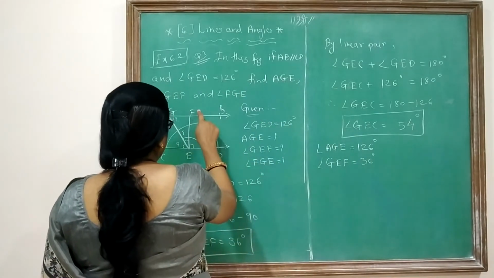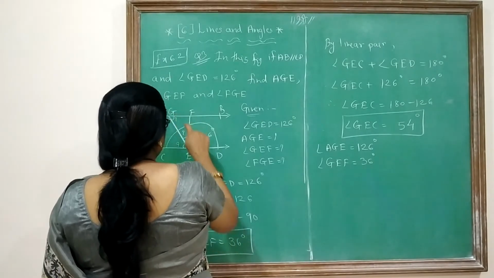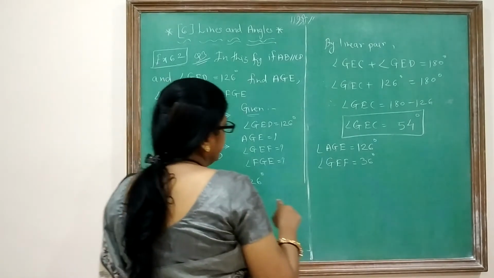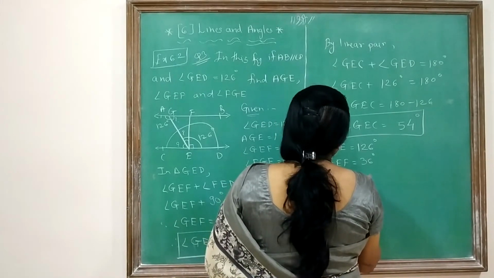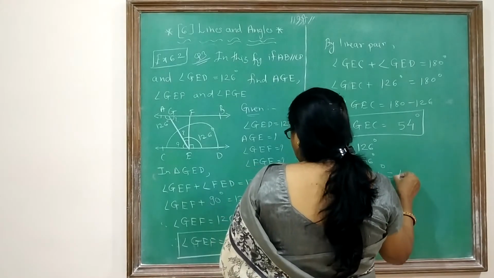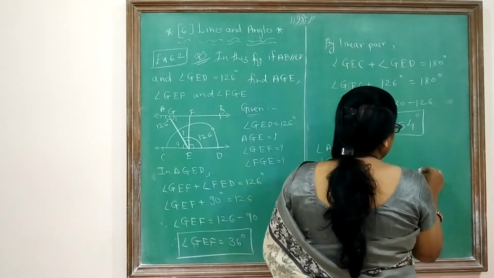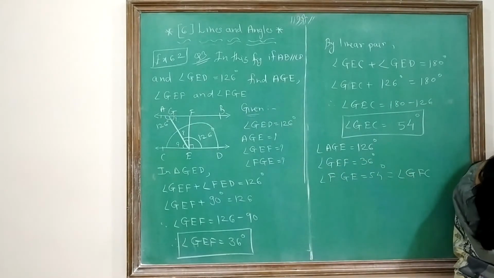And last is FGE. Last is FGE means GEC and FGE are same. Then FGE is 54 degree, equal to also angle GEC.